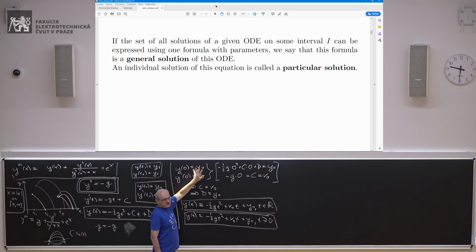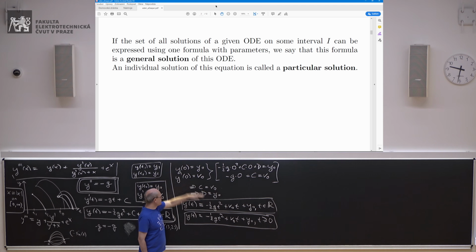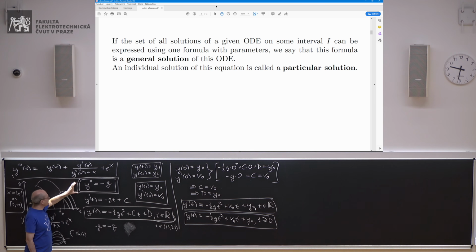If using some additional information, we get just one specific solution, then this is called a particular solution. So that's a terminology which is used a lot. Typical way to get a particular solution is exactly this. First, you get a general solution, and then using some extra data, you get a particular solution. Now, I didn't talk about it much, but this is an extremely well-behaved example.